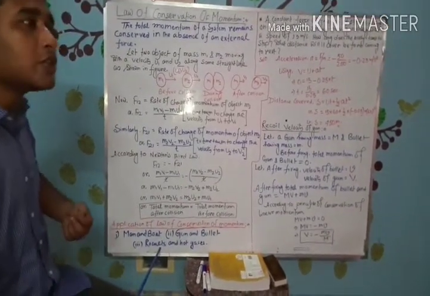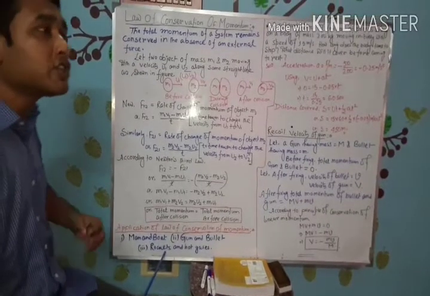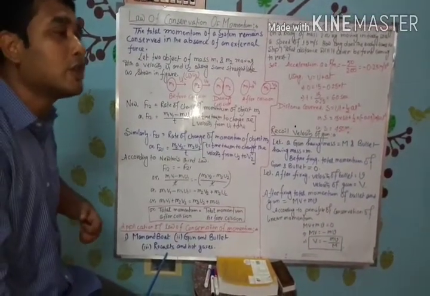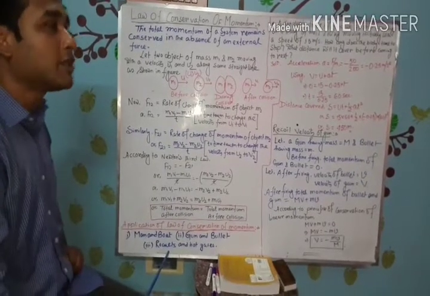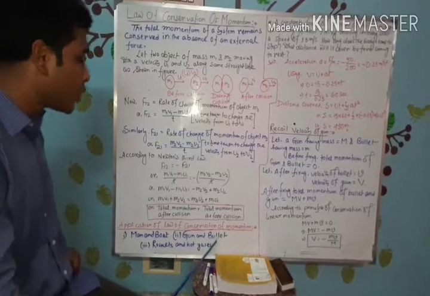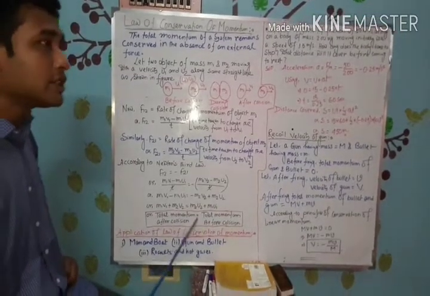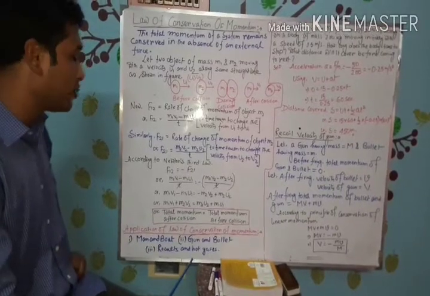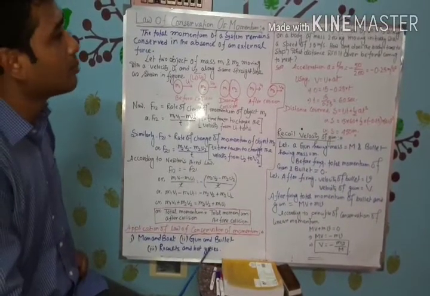To conserve the total momentum, which is 0 actually, the rocket gets an upward or forward momentum by which the rocket moves in the forward direction. Okay, so these are the phenomena which we can explain with the help of conservation of linear momentum.